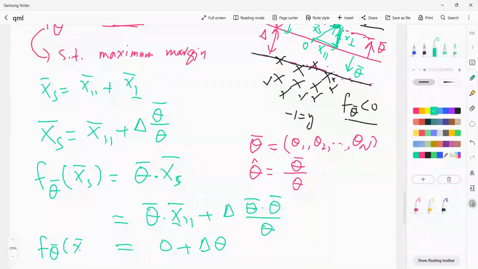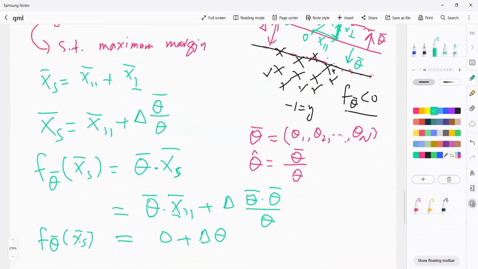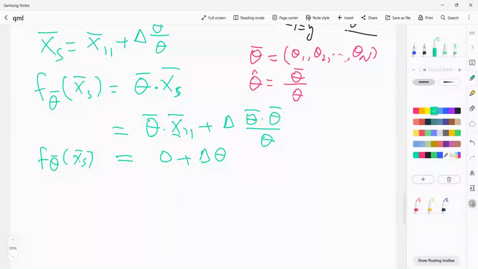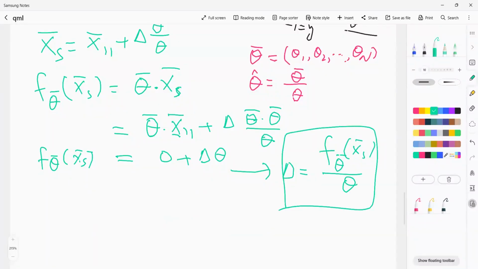So f theta of xs is this, which means that delta, which is the margin, is f theta of xs over the magnitude of theta, where this theta is the magnitude of our parameter vector, the parameters that define our model.